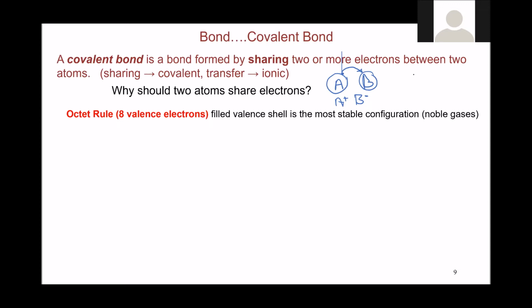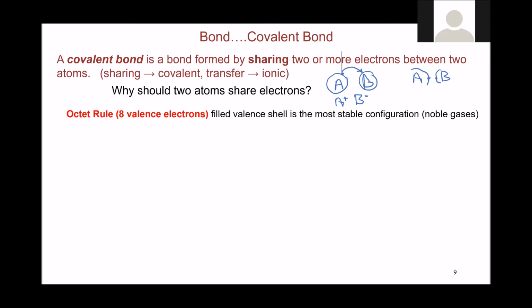But if you have a combination of A and B and both are non-metals, both prefer to gain electrons, so there will not be a driving force for a complete transfer of an electron. What will happen is that A and B will share electrons, and these shared electrons will count towards the electronic configuration of both of them equally.